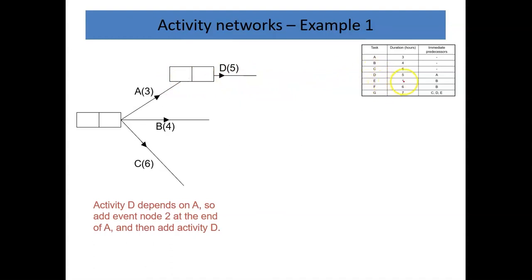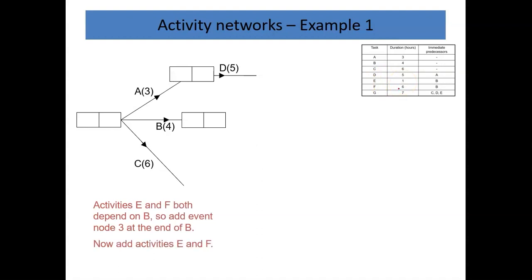E can happen after B. And F can happen after B as well, so it seems reasonable that I have 2 lines coming off that. And then G, well, G relies on C, D, and E taking place.